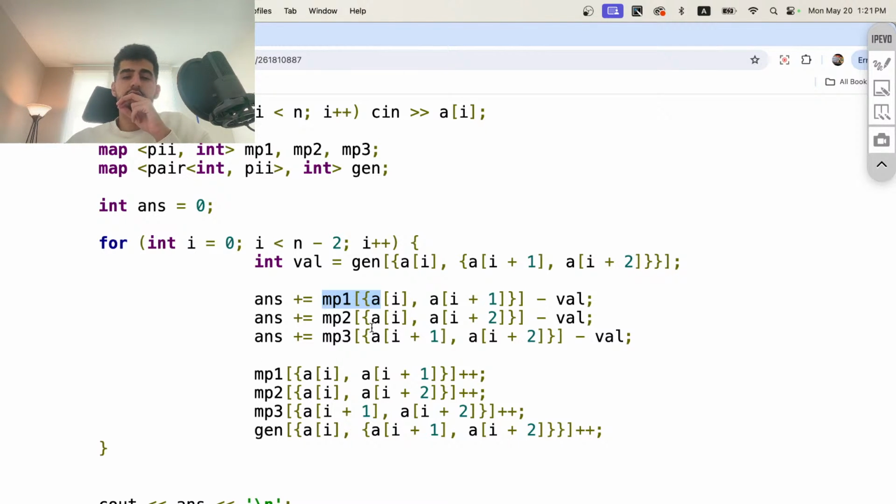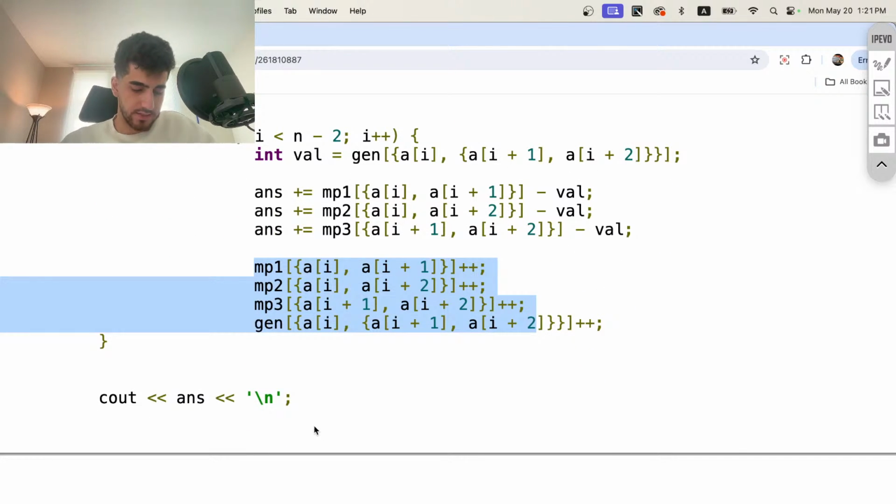And then for this one, we have to add this map minus val, and we have to add this minus val, and then we update all the values, and at the end we see how it ends. Okay. So this is how we can calculate it. Does this make sense?